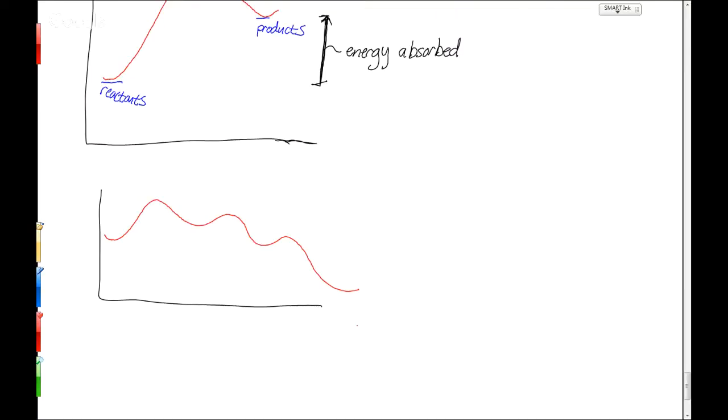Label this here. It's a multi-step reaction. So we still have reactants here, stuff we would mix together. Products are what we would get down here. And then these things would be called intermediates.